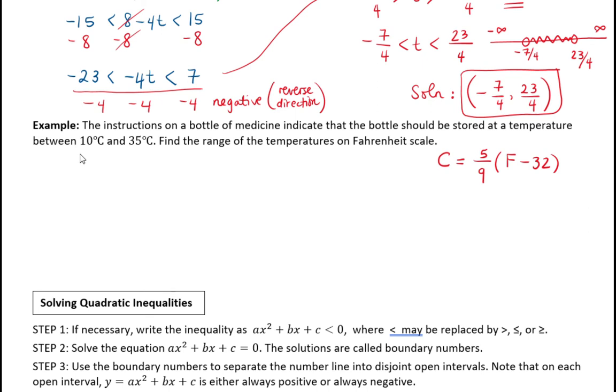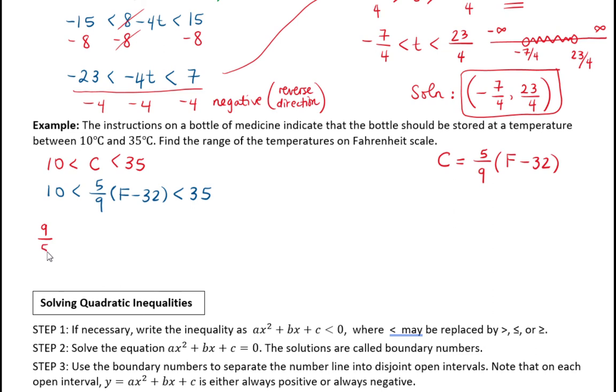So in this problem, our C value is between 10 and 35. That implies 10 is less than 5/9 times F minus 32, and that's less than 35. Now, we want to cancel 5/9, so you can directly multiply each one by the reciprocal, 9/5.